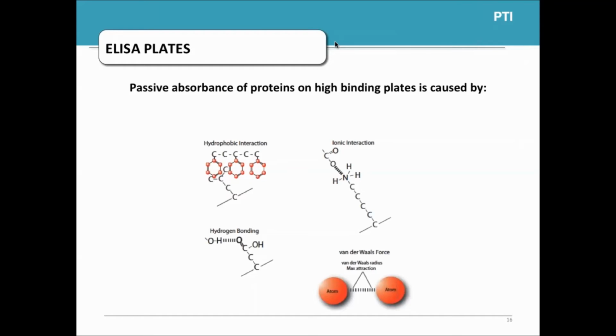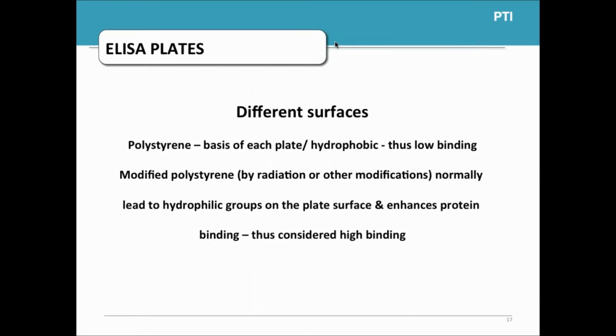Well, the original ELISA plates are based on the passive absorbance of proteins through a number of interactions, and that could be hydrophobic or ionic interaction. So when you look at the original ELISA plate, and all of the ELISA plates are basic polystyrene plates, they are low binding without modification.